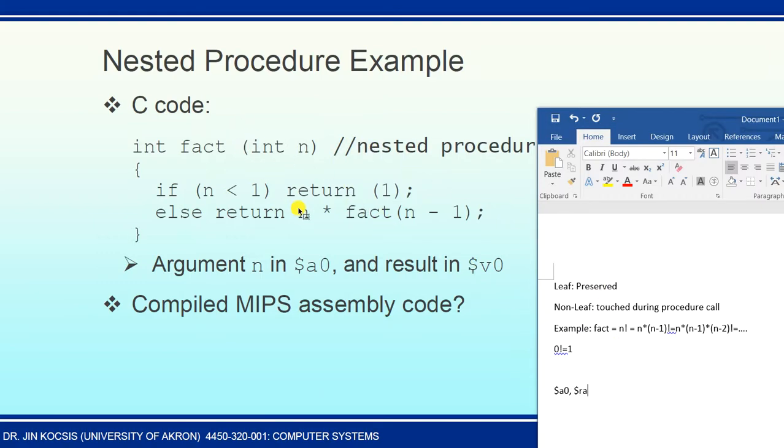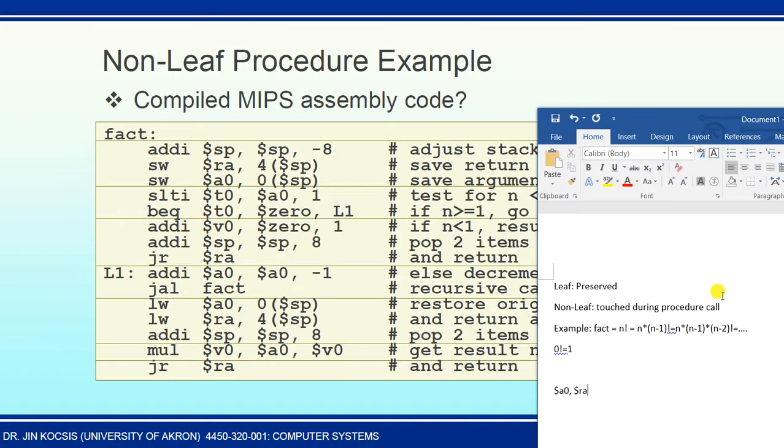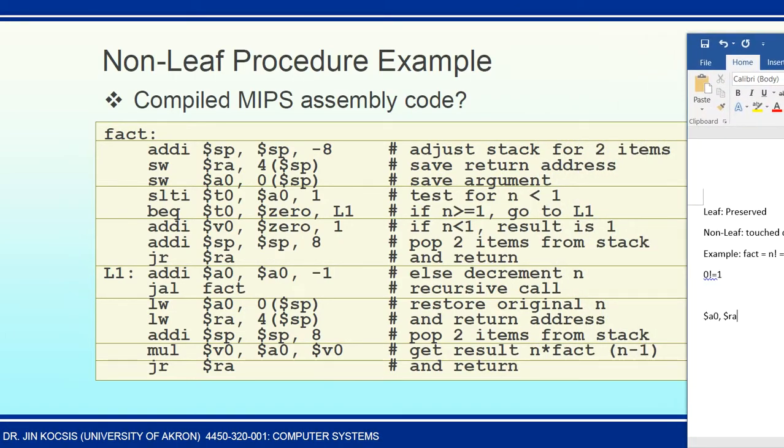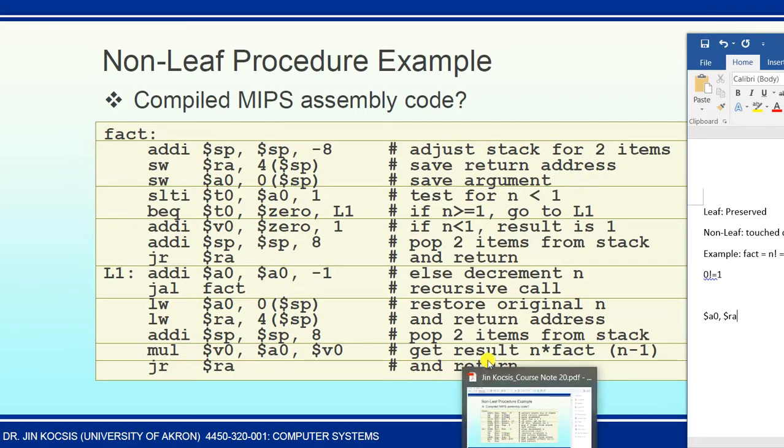But later, after the procedure call, which is achieved by jump and link, the ra will be replaced by PC plus 4, where the PC corresponds to the instruction during the procedure call. I think we talked about that in class last Wednesday, but I just want to mention it again. Again, in this example, a0 and ra are touched.